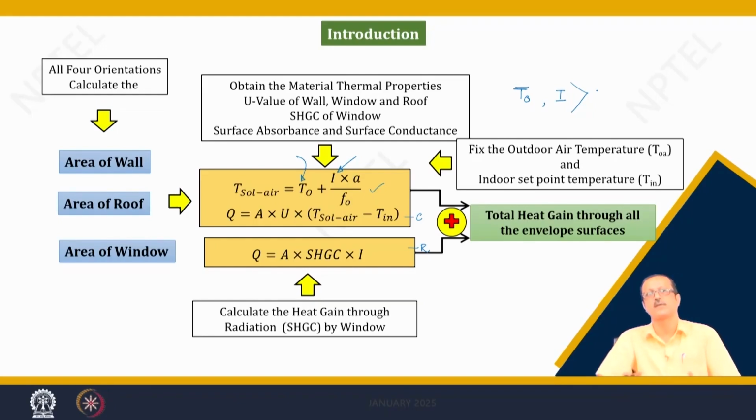if we want to estimate the total heat gain of a building, not for 1 hour, but for the whole working day. A particular building, if it is an office building or any kind of institutional building, may work in the daytime, maybe from morning 10 to evening 5.